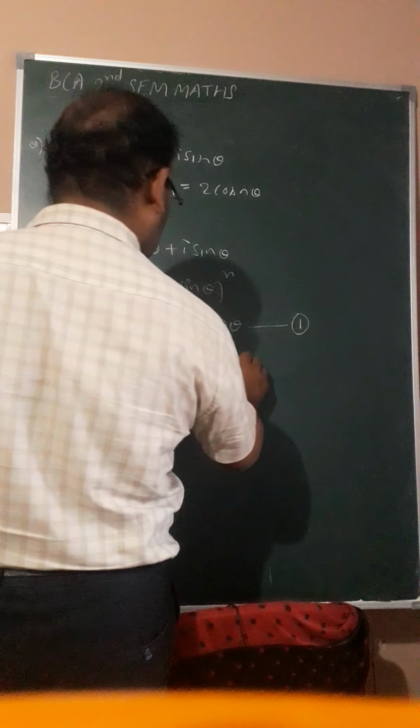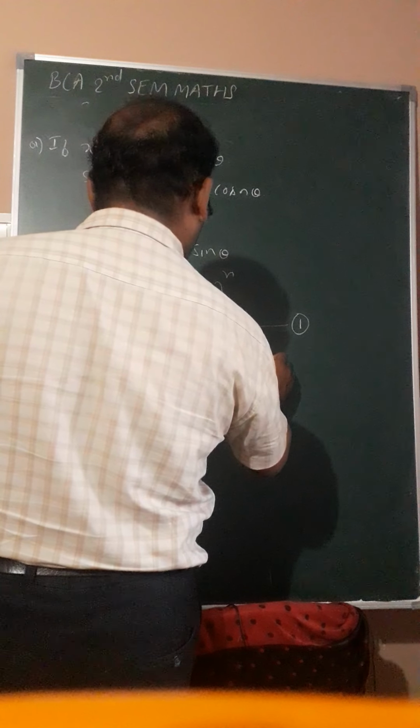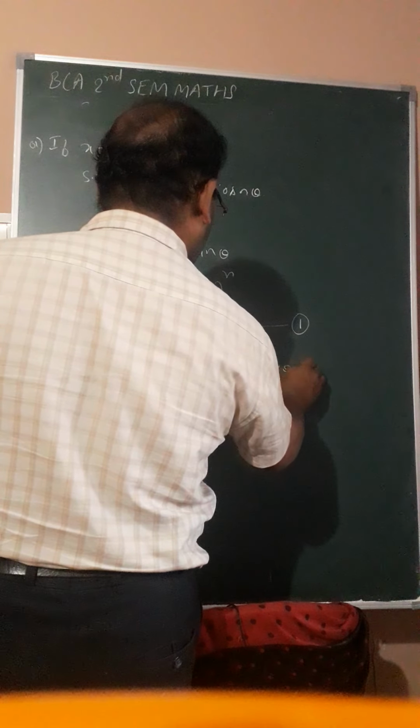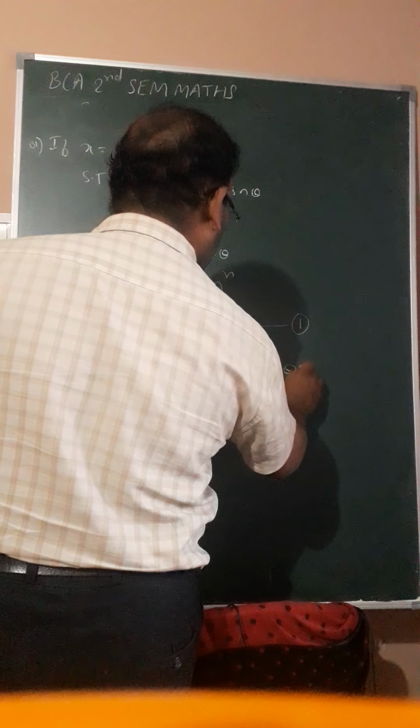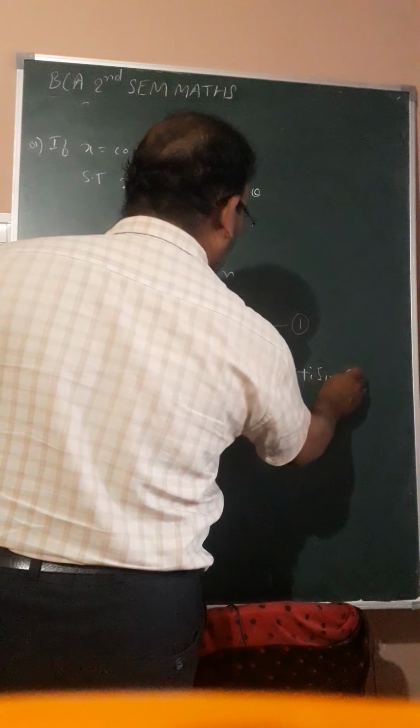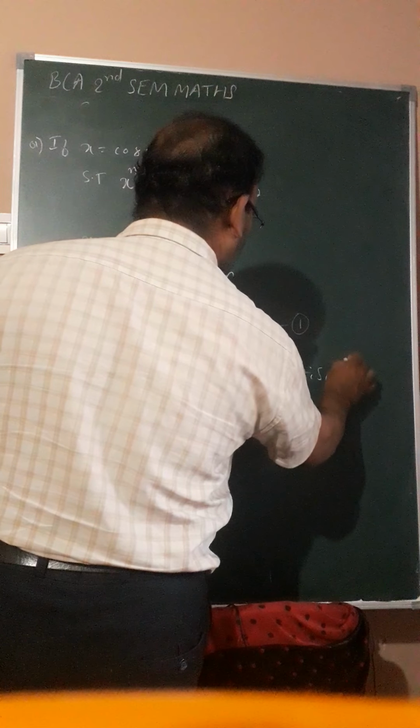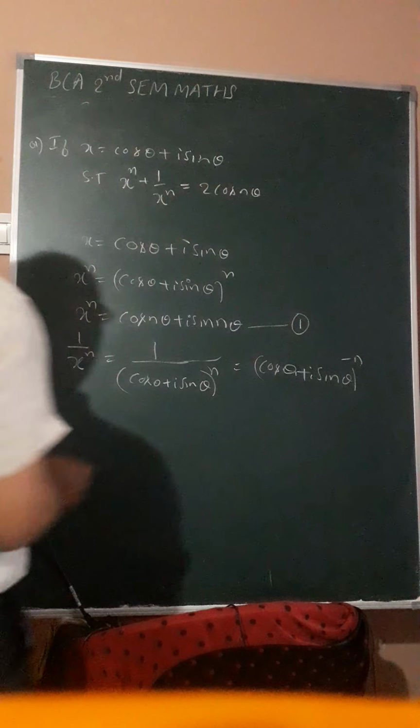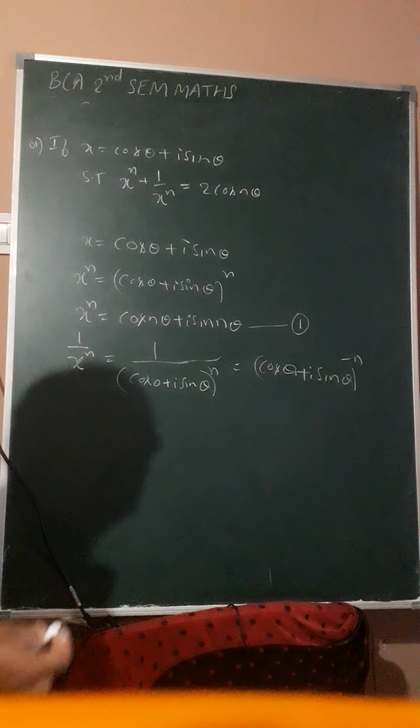So this is (cos theta plus i sin theta) whole to the power of minus n.